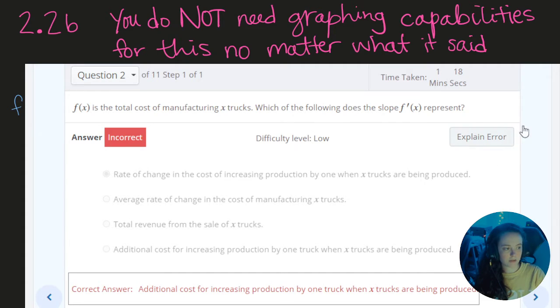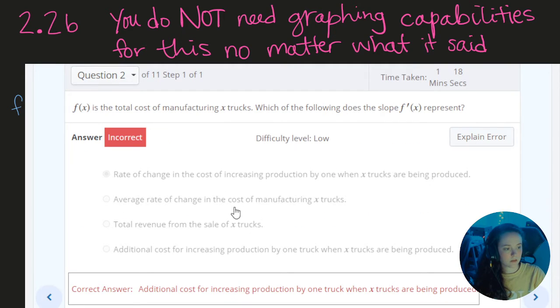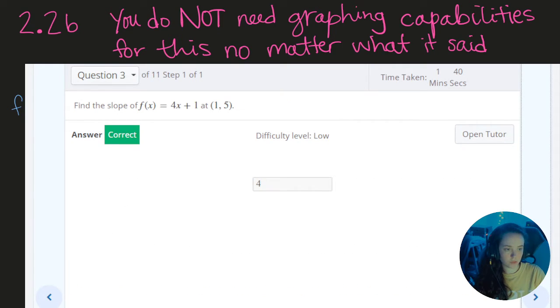It would just be the rate of change in the cost, but it wouldn't be the rate of change in the cost of increasing production by 1. That's the part that tripped me up because I did not continue reading. Okay, that one's pretty stupid.